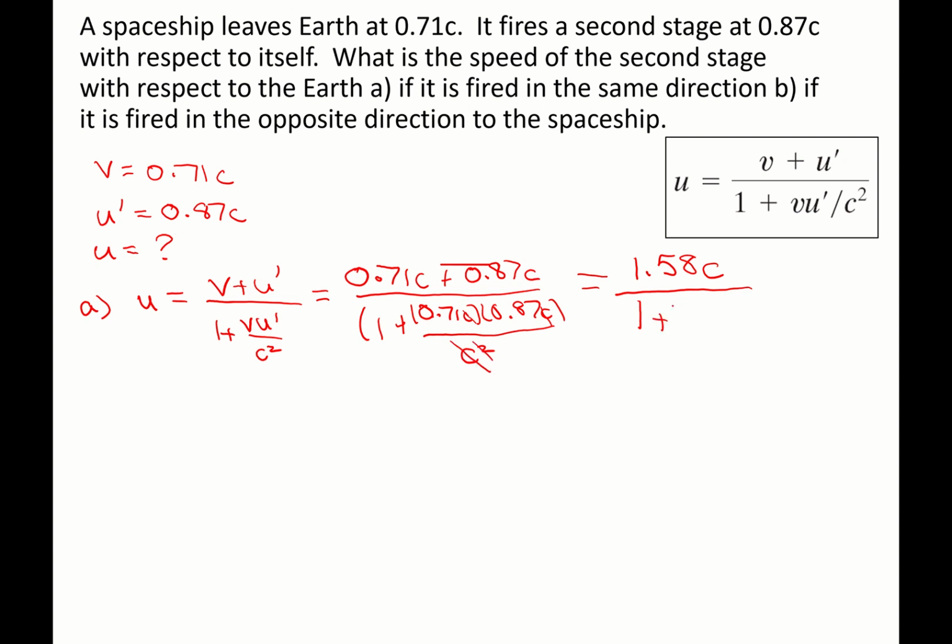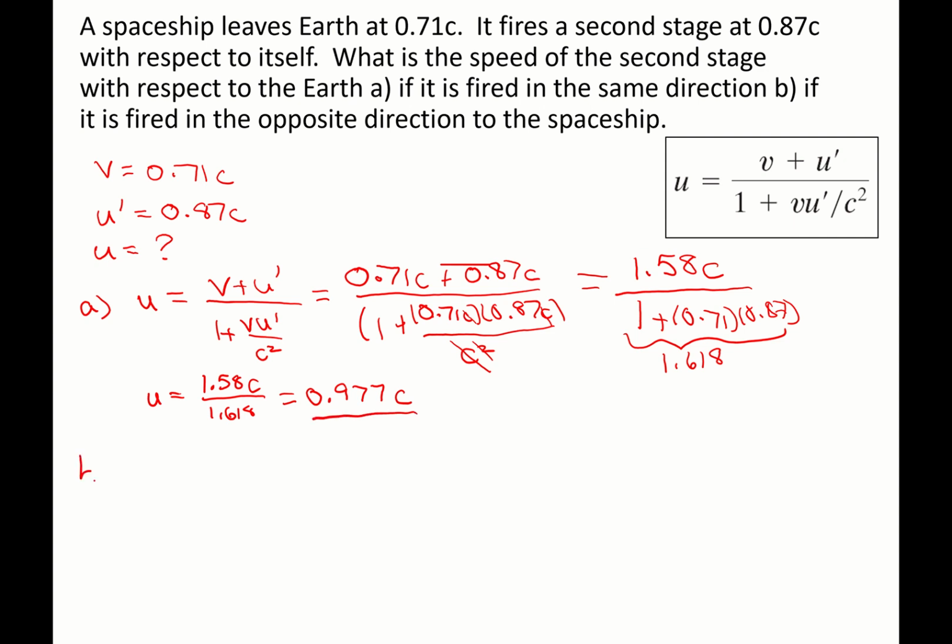So I'm just going to have 1 plus 0.71 times 0.87, and that denominator there, that's going to be 1.618. So I've got 1.58 c over 1.618, which is 0.977 times the speed of light. So it's getting close to the speed of light, but it's not there.